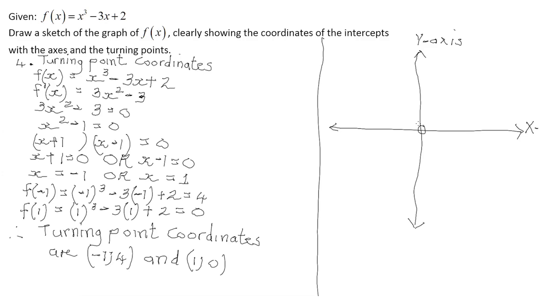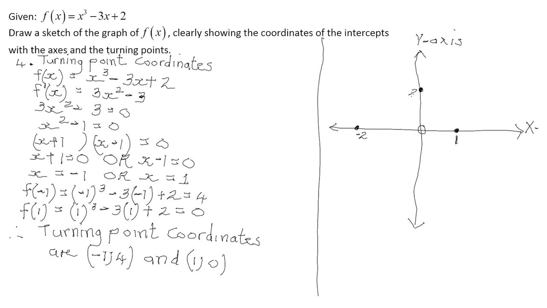Now let's start with our x-intercepts. Our x-intercept was -2, I think you all agree, and the other one was 1. We're just going to estimate the 1. Our y-intercept was 2, which we've calculated.